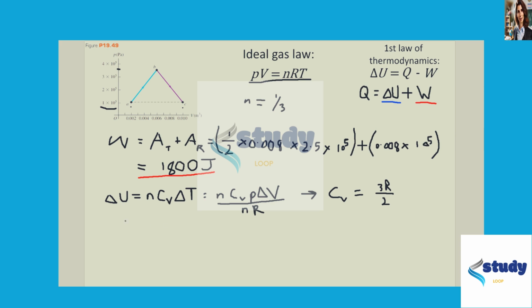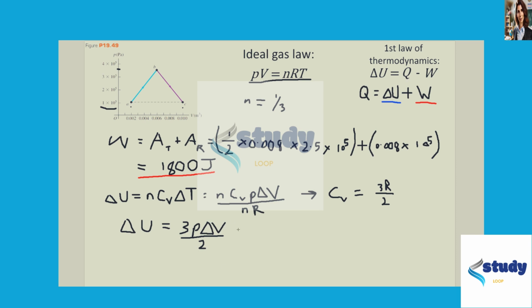So subbing all of that in, using this new information, we can say that delta U is equal to 3P delta V over 2, as the N and the R will just cancel in this equation once we sub in CV.